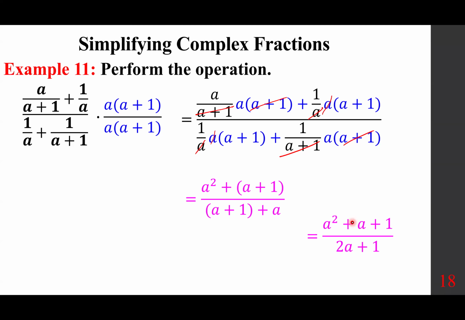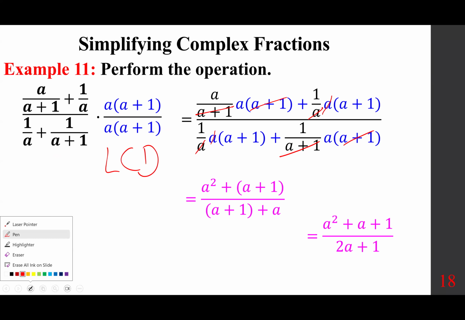So a quick recap. If you have a complex fraction, that means a fraction within a fraction, the best course of action is to multiply the top and the bottom by the LCD, the least common denominator of all fractions.